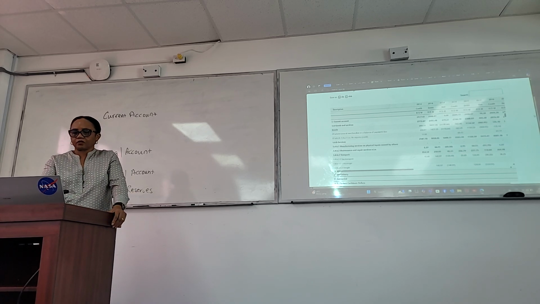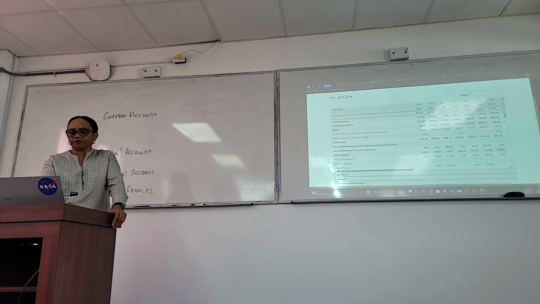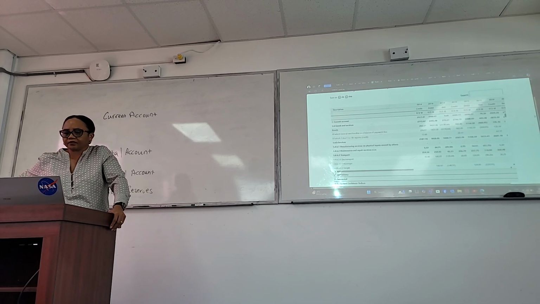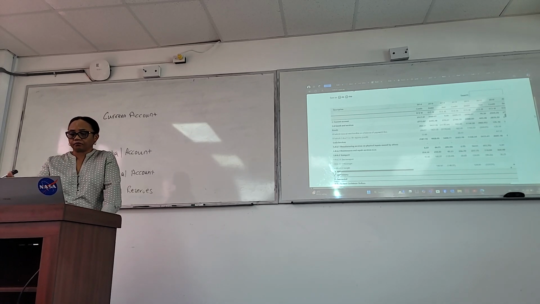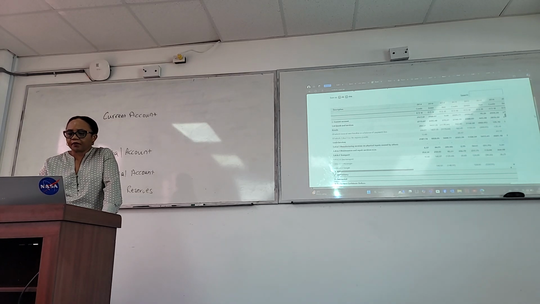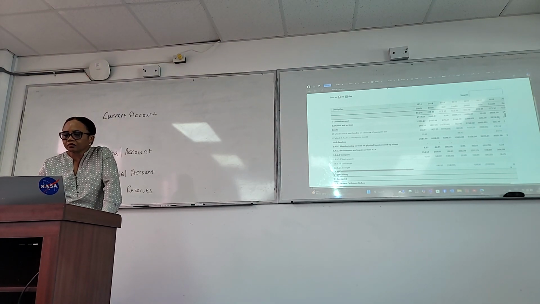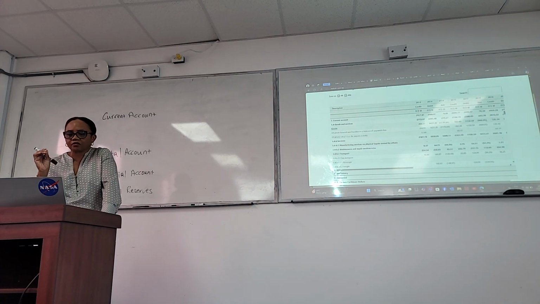So under your goods and services, it says goods, of which general merchandise on a balance of payments basis. All right, and the numbers are in millions of dollars, okay?